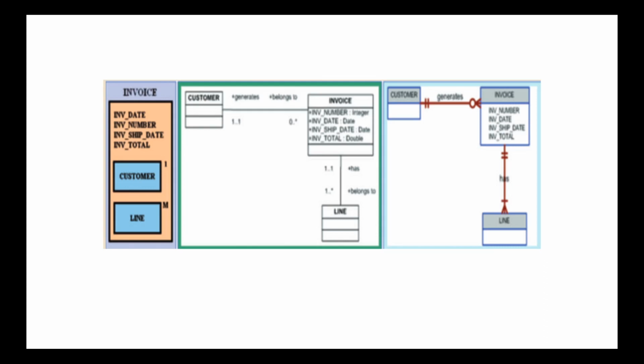With the customer entity it has a one to many relationship, and with the line it has a one to many relationship. In a single structure, all the objects and their relationships with other entities are included. That's why this is also called a semantic data model.